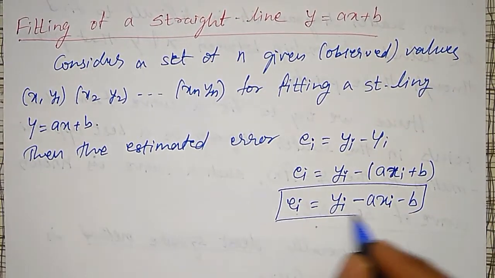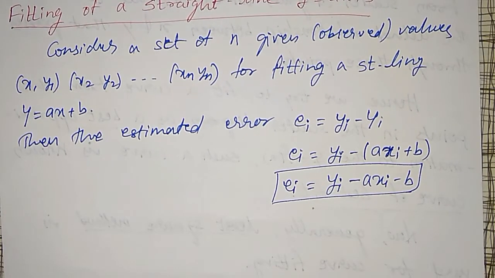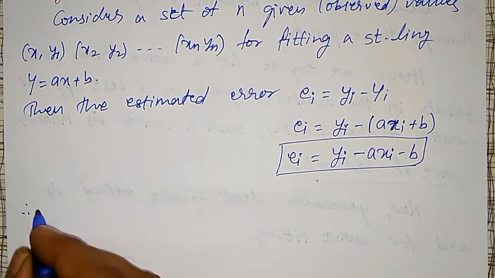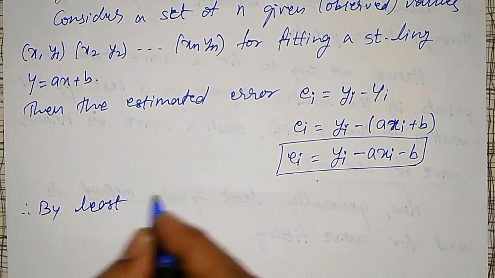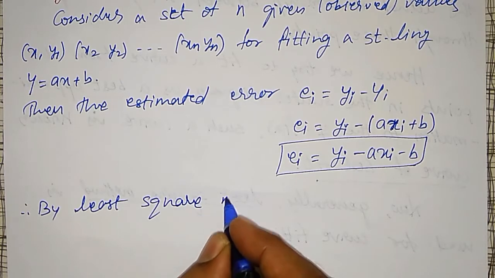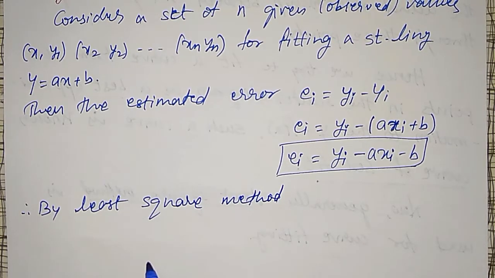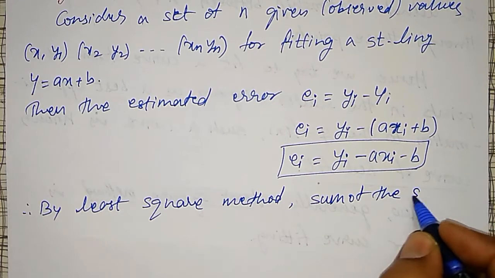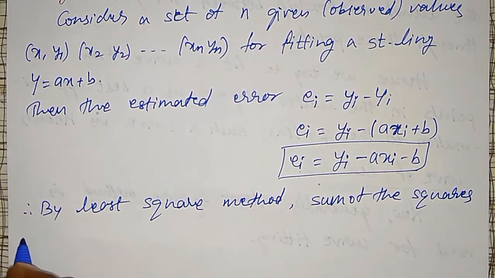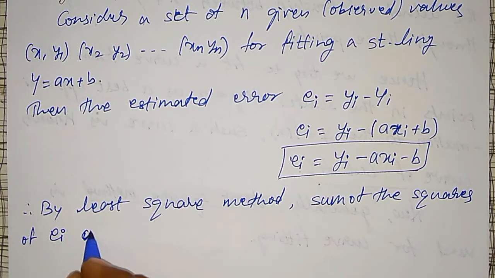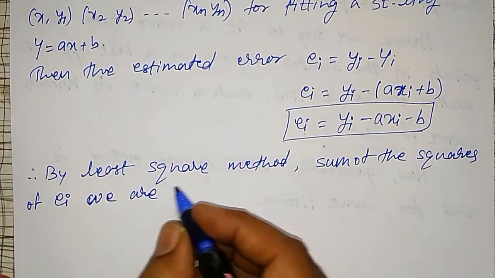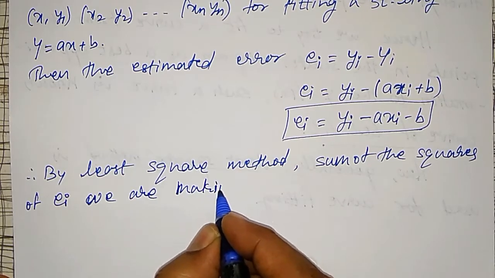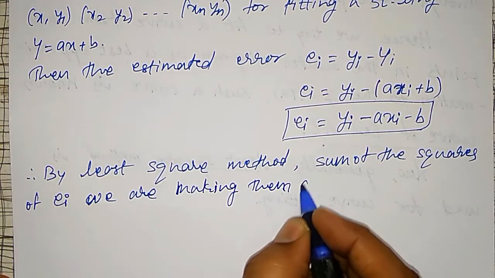This is my error, estimated error. Therefore, by the least square method, what we are doing here is taking this estimated error, the sum of the squares of ai, and making it least.